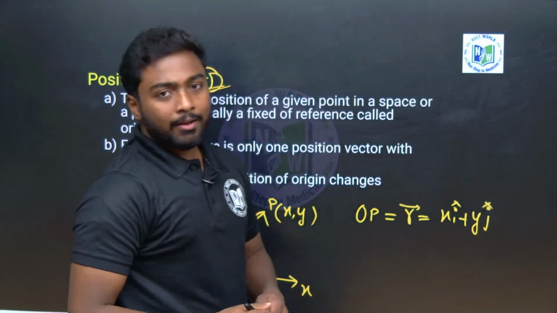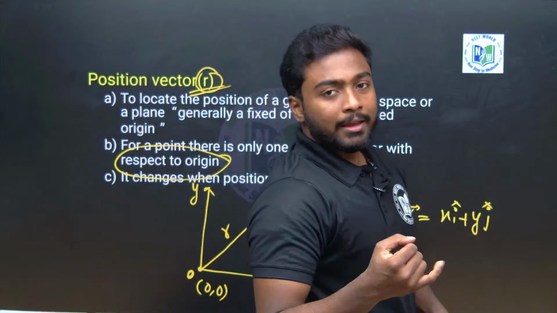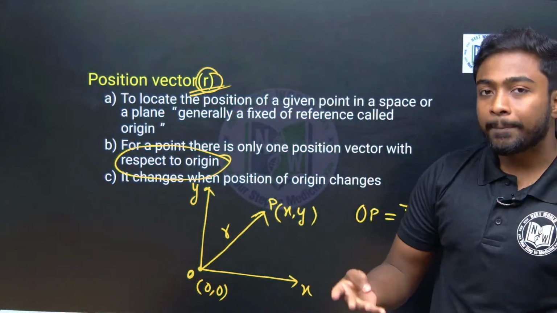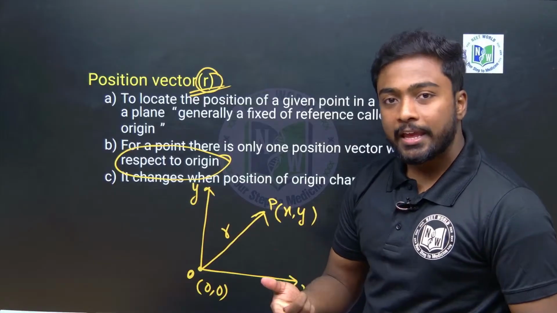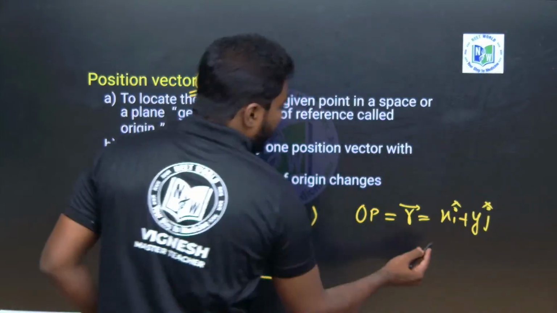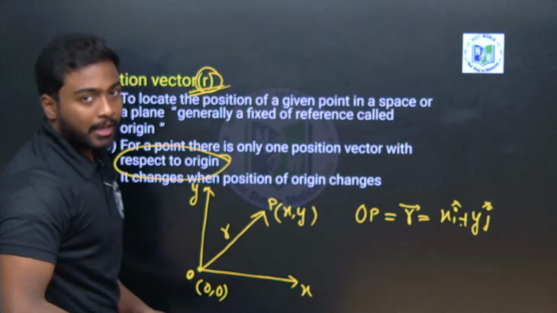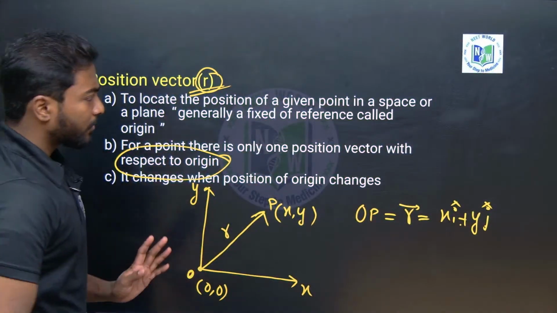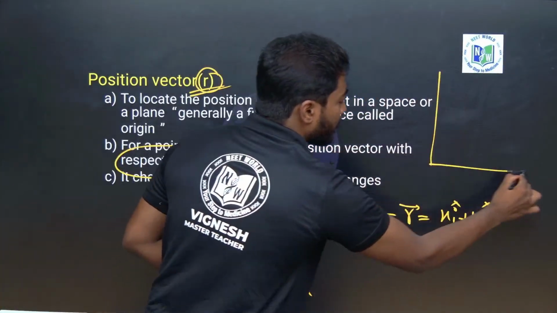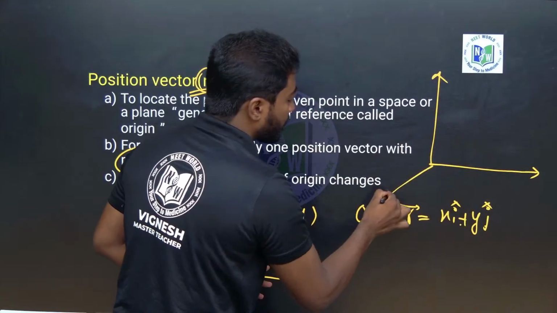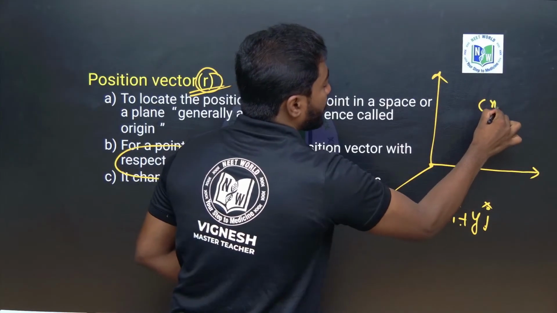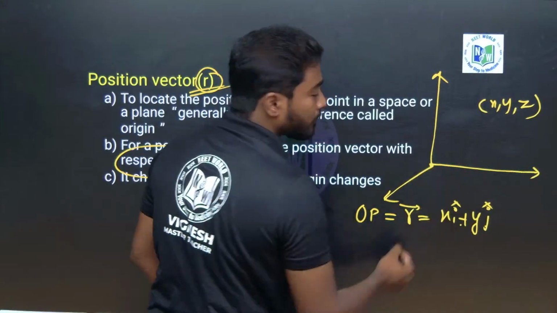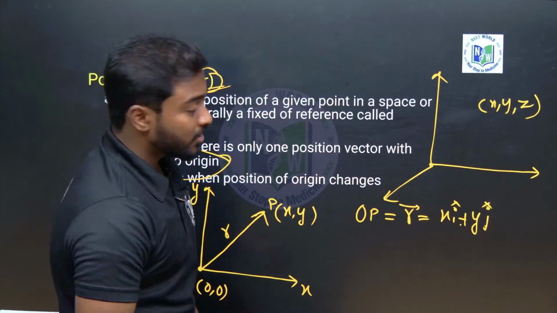In the last video we have seen the x axis, y axis, z axis represented in terms of i cap, j cap and k cap. So x i cap plus y j cap. If in case the point given is x comma y comma z, then what will be my position vector?